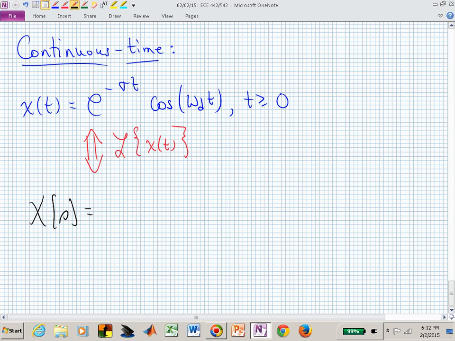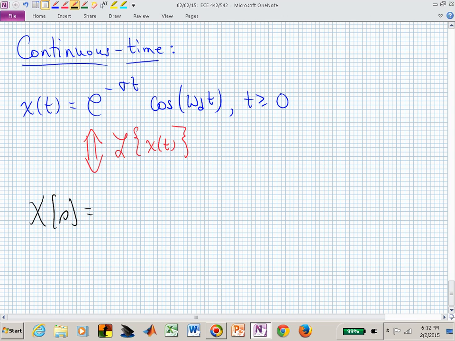Does anybody remember? Maybe you can't remember exactly what the numerator looks like, but I hope you remember what the denominator looks like. Where are the poles of this exponentially damped cosine in the S-plane? Do you remember?